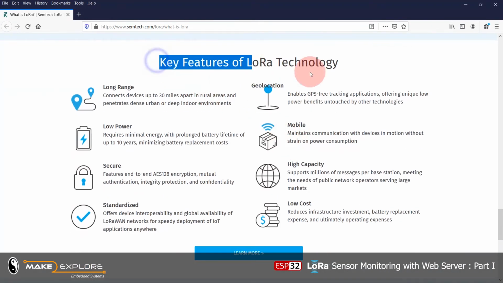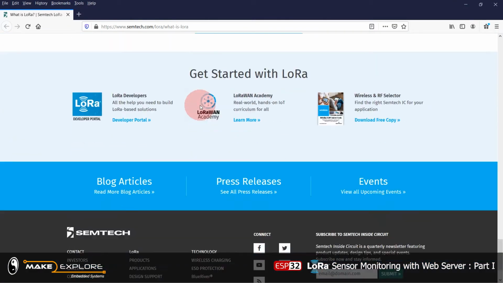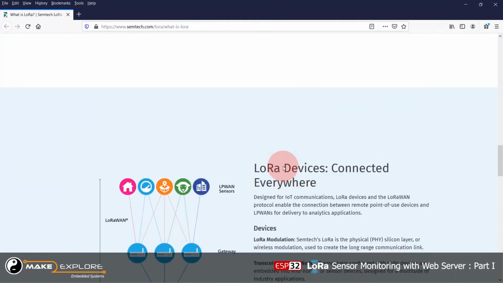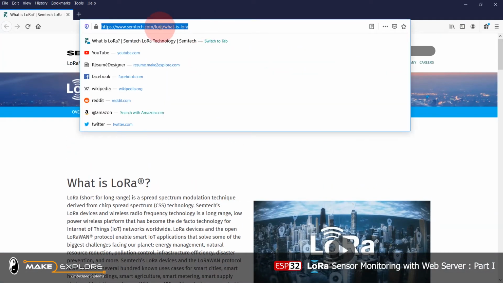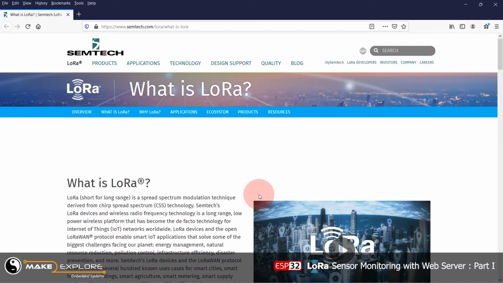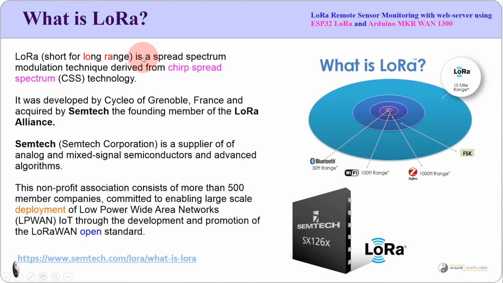Then you can see the key features of the LoRa technology. Let's see one by one what LoRa is. You can find this link in the description of this video also. Okay, let's move forward.